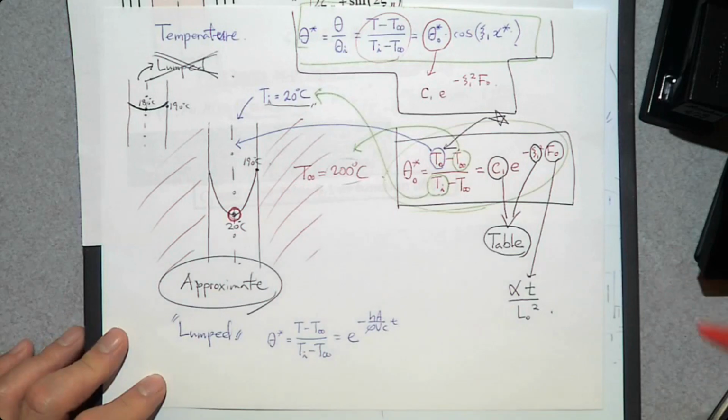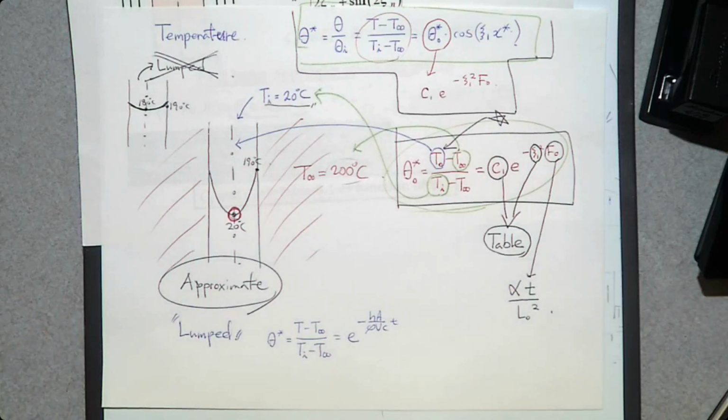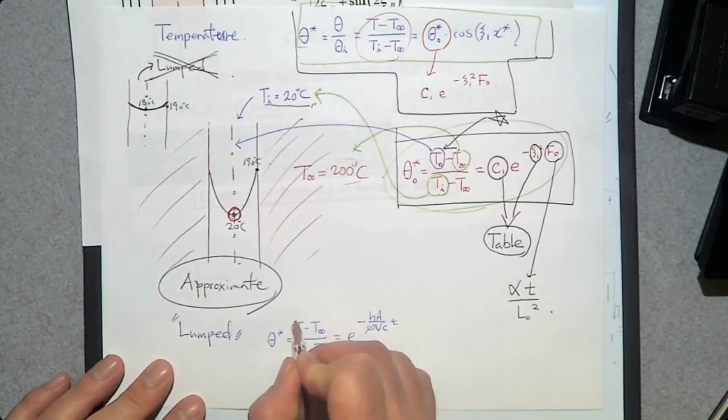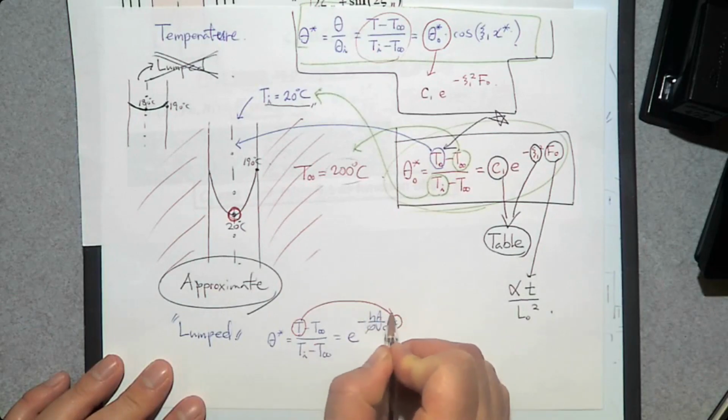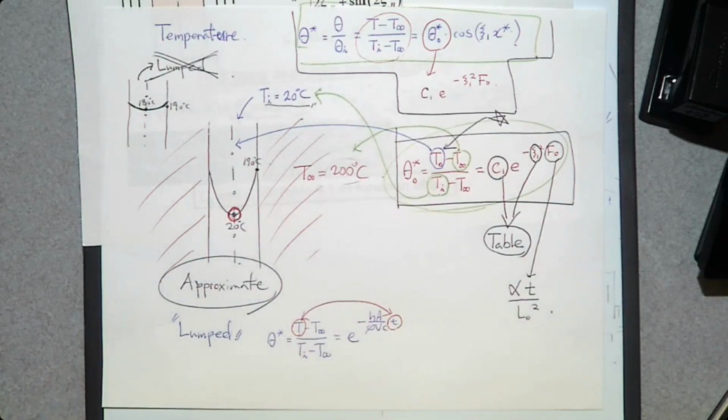So in this equation, what we want to know is the relation between the temperature of the solid and time t, these two. And in this equation, that's the same.